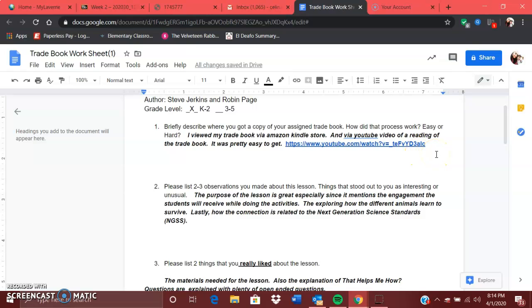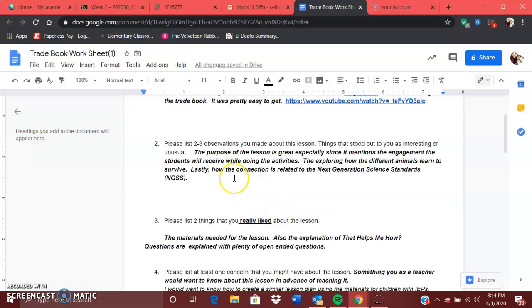I have an Amazon Kindle account, so it charges you like $12 if you want to download it onto your phone or tablet. And then I also viewed it via a YouTube video of somebody reading the trade book instead of me having to read it myself. I like to read it, but then I also rather hear it in someone else's words.